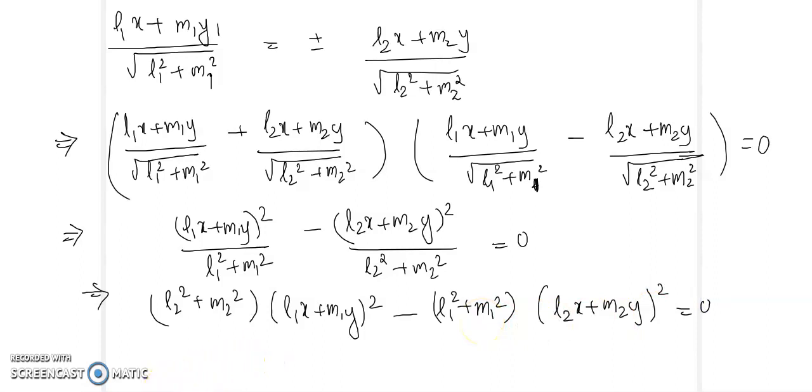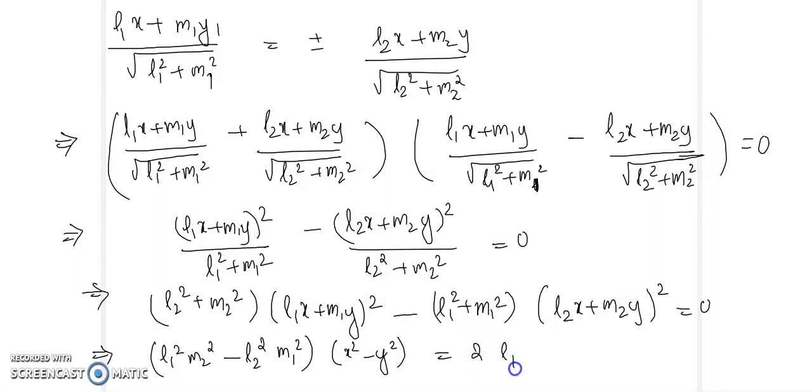And now simplifying this, open the brackets, and upon simplifying you will get L1 square M2 square minus L2 square M1 square into x square minus y square equal to 2 L1 M2 minus L2 M1 into L1 L2 minus M1 M2 xy.